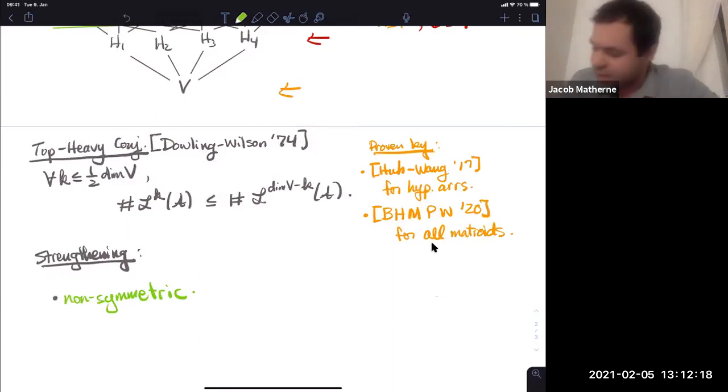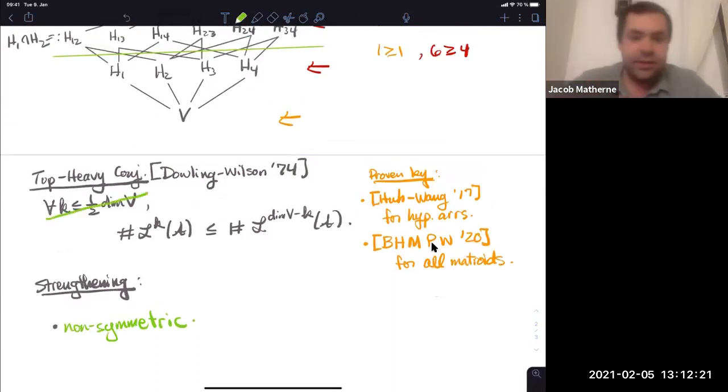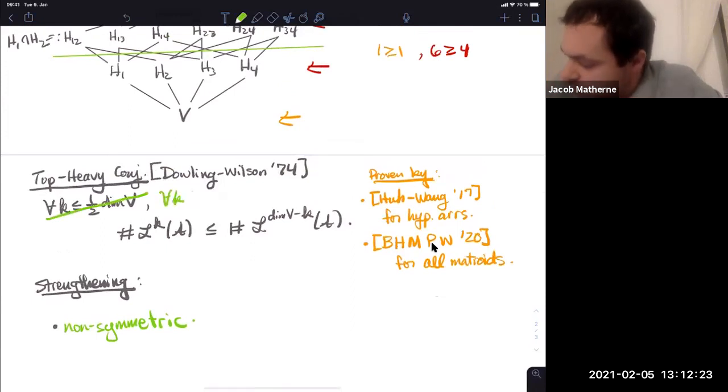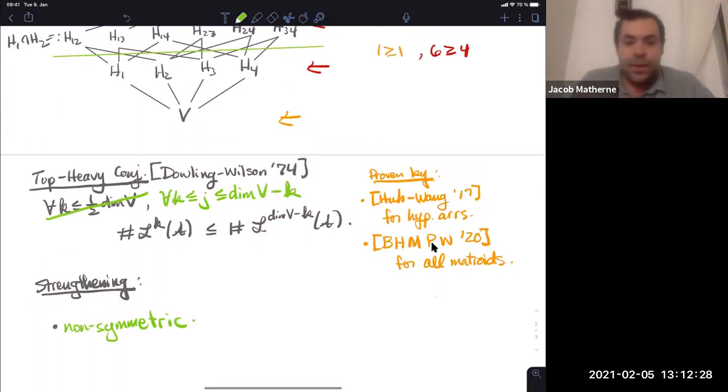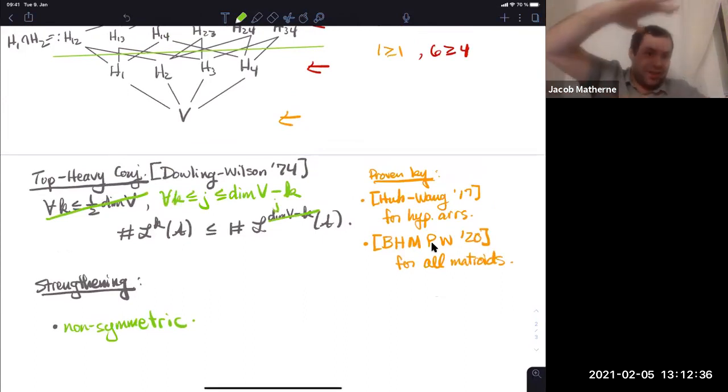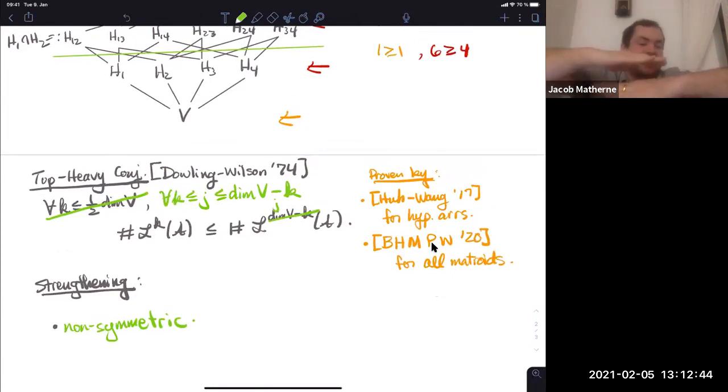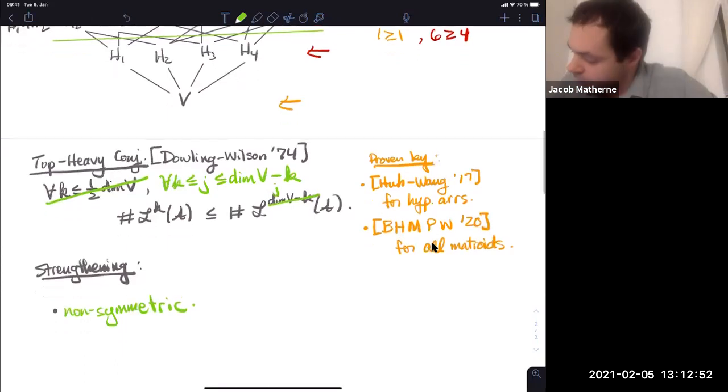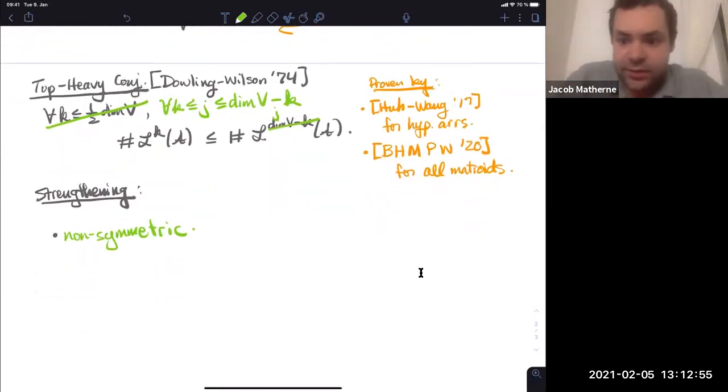What I mean precisely is that I could delete this and instead replace it with, for every k less than or equal to j less than or equal to the dimension of the vector space minus k, I compare flats of rank k to flats of rank j. So I pick a top line, I pick a bottom line, but I keep this bottom line the same. And now I can compare the number of flats at this bottom rank to any of the ones in between up to the complementary rank. So there's a non-symmetric statement like this.